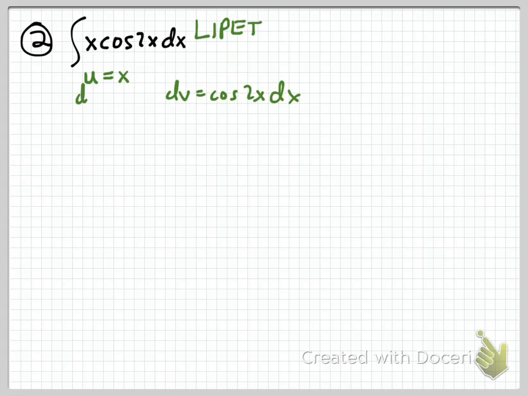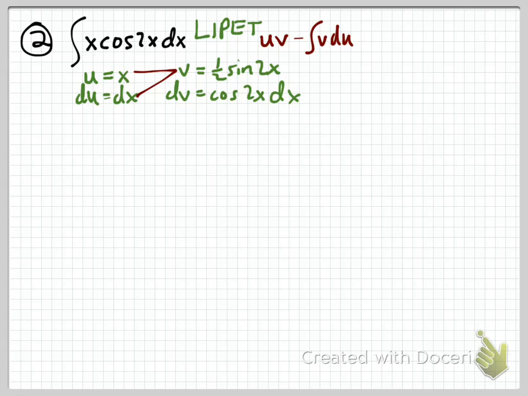Okay, so du equals dx, and v equals the antiderivative of the cosine, which is 1/2 sine of 2x. And then, what was it like that? UV, so ultraviolet, voodoo. Okay, so that's integration by parts.